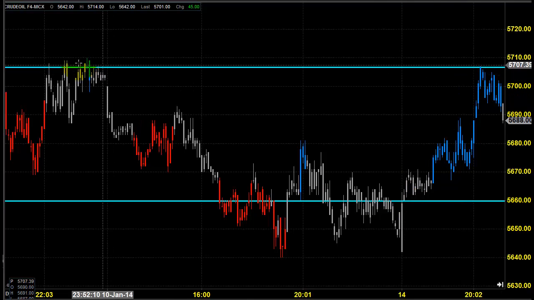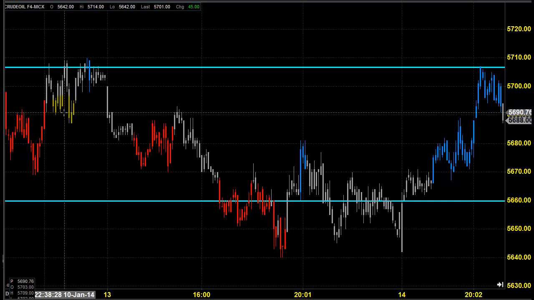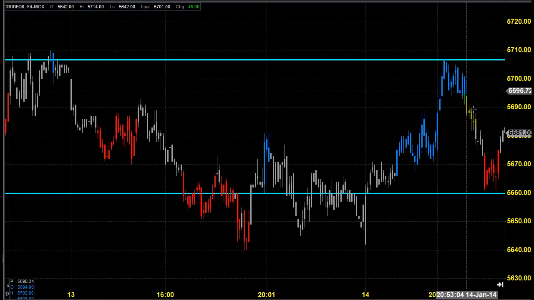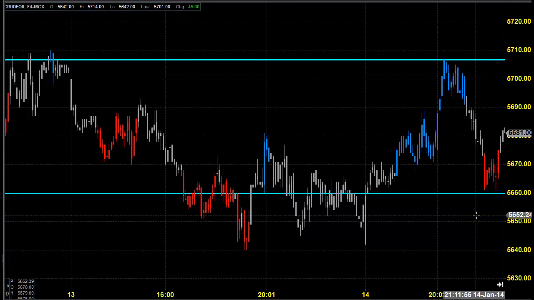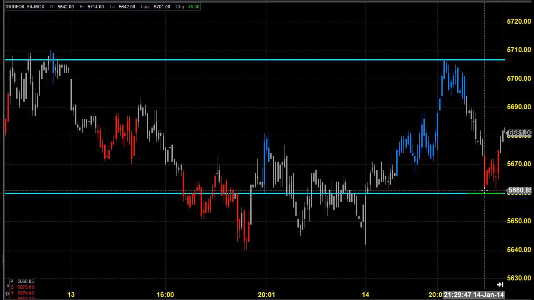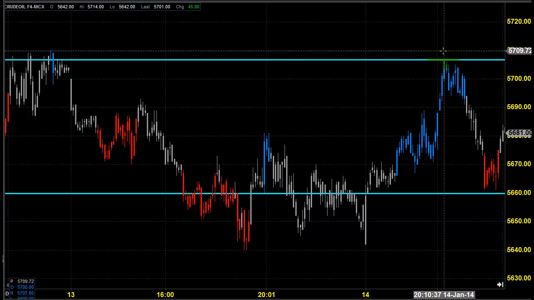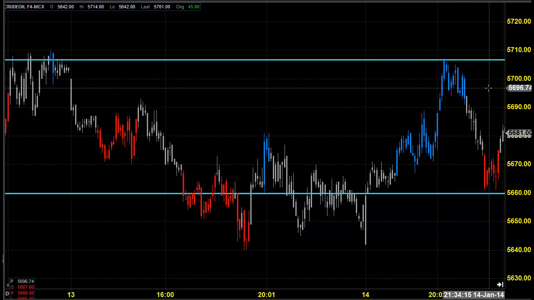You may notice that on the previous day, that was on 10th of January, the price was taking resistance in this particular zone. So the price took the resistance in this zone. Straight away it came to test the support zone of 5660 again. That is the reason we always insisted earlier that we were expecting some consolidation to happen, and after targeting the key resistance zone, possibly the price can drop again, it can provide you a pullback.